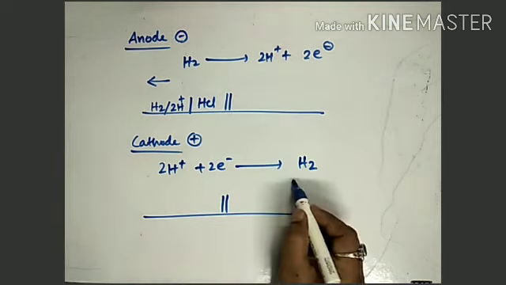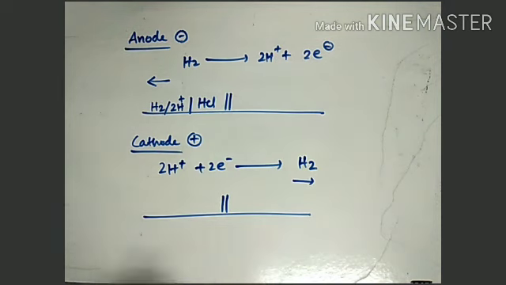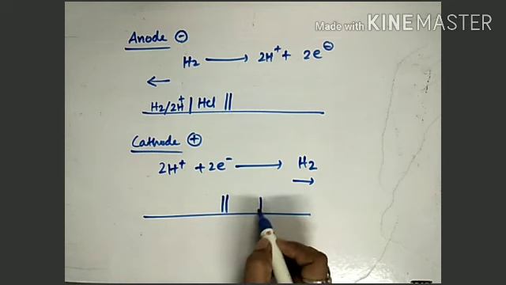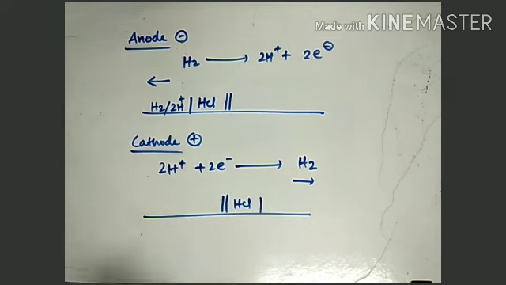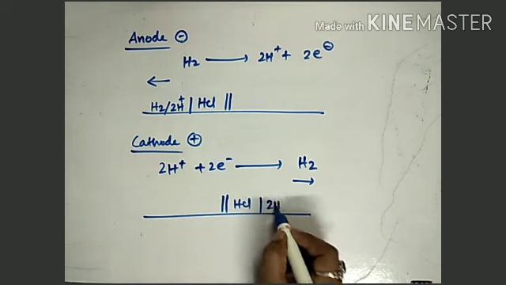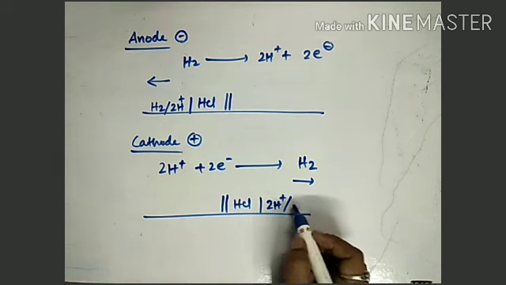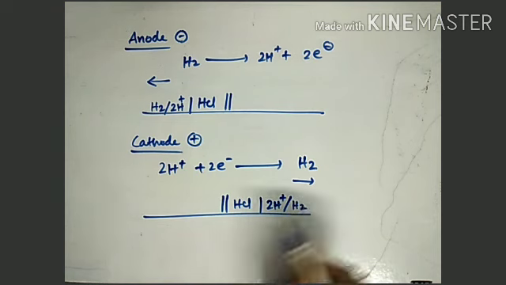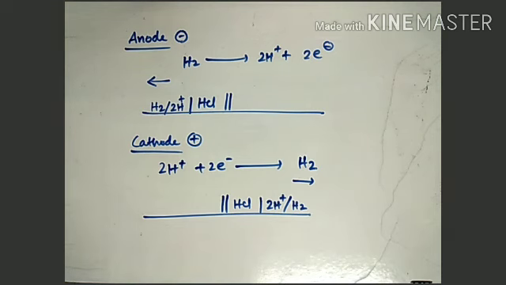You have to mention it on the right hand side because it is the cathodic reaction. So mention the electrolyte here, the HCl, and of course this reaction where 2H plus gets 2 electrons to form H2.